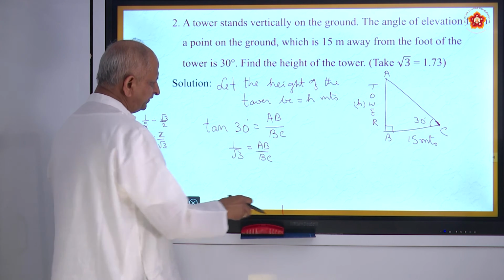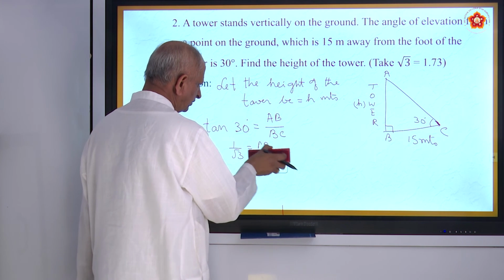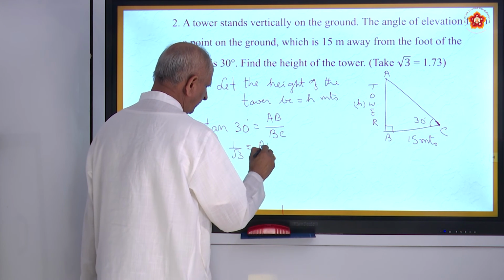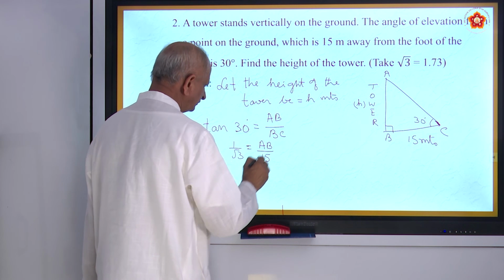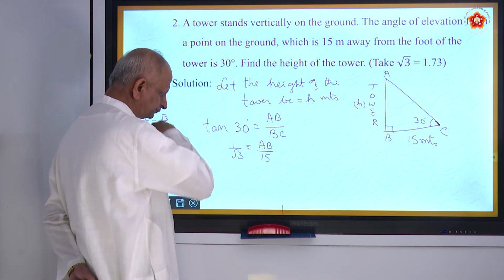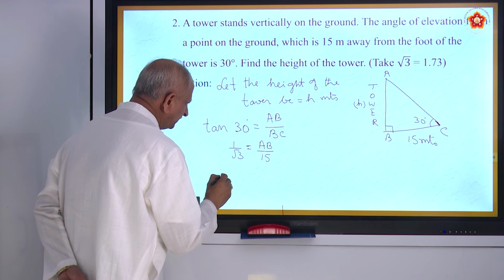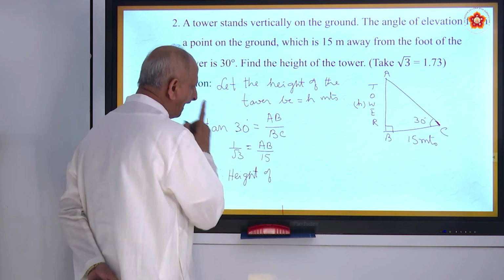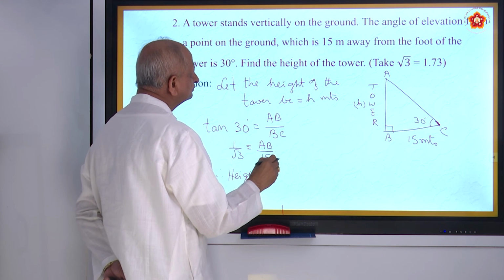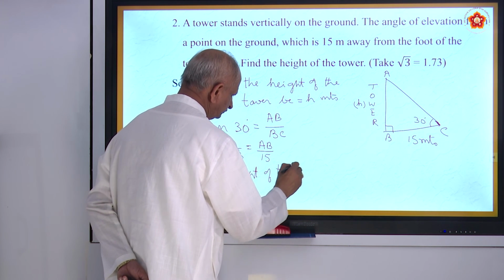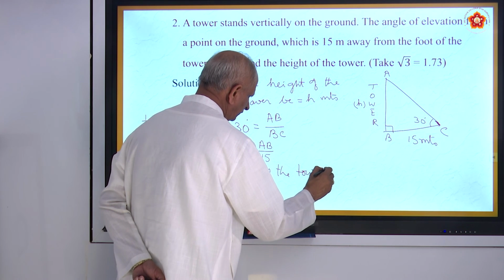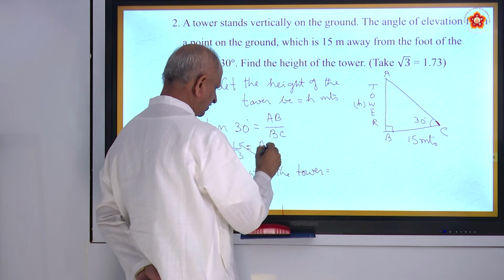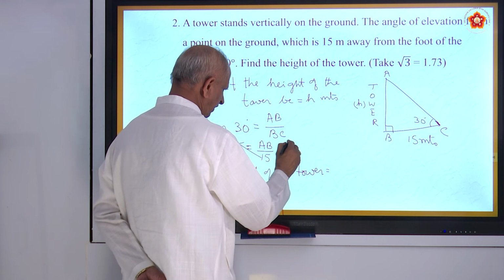In that, you are given BC. BC is given to be 15. So AB by 15. Therefore, the height of the tower, suppose you call it H here, H by 15.